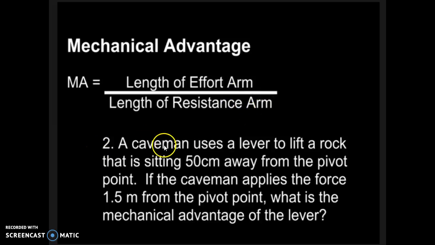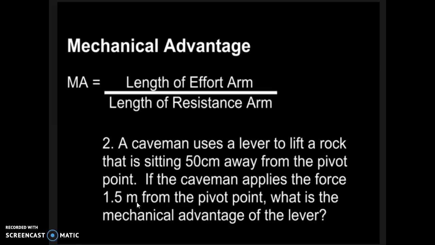So let's say we have a caveman here, and he's using a lever, like a seesaw, and he's lifting a rock with it. That rock is sitting 50 centimeters away from the pivot point, and the caveman applies the force to the 1.5 meter side, and we want to find the mechanical advantage.